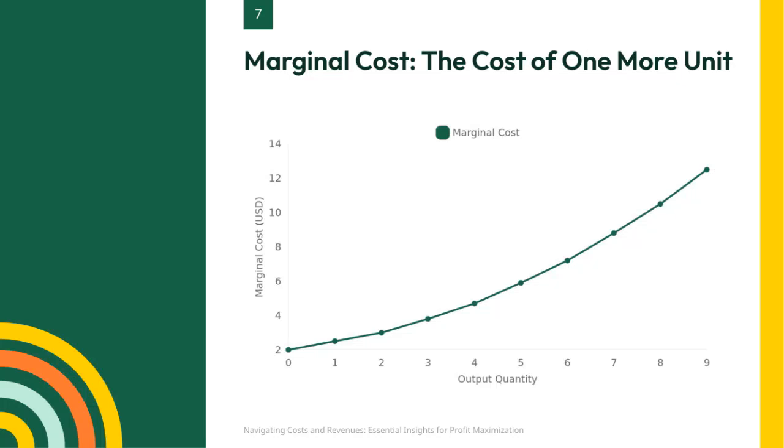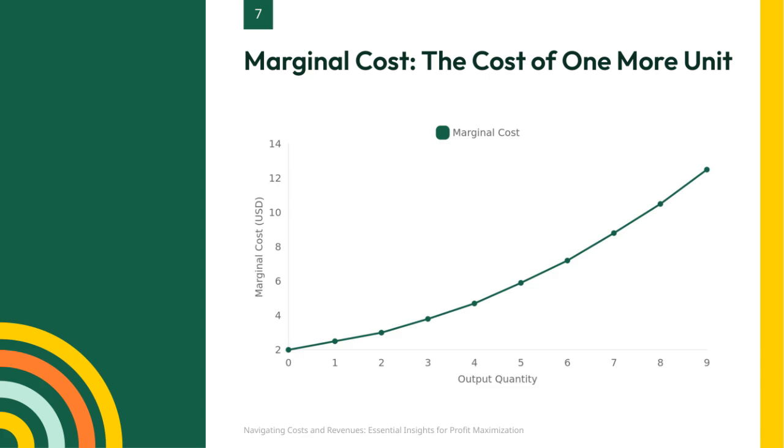Here we have a line graph illustrating the relationship between output quantity and marginal cost, which is essentially the cost of producing one additional unit of output. As you can see, the x-axis represents the output quantity starting from 0 up to 9 units, and the y-axis shows the marginal cost in dollars.